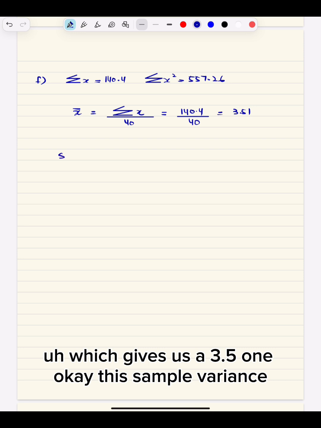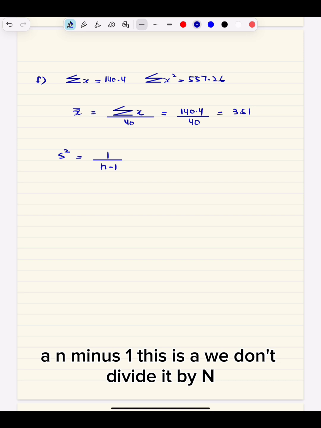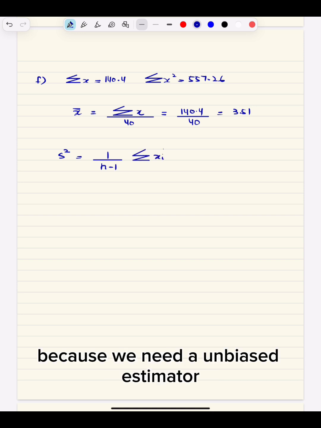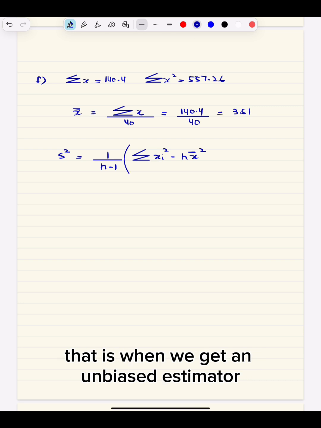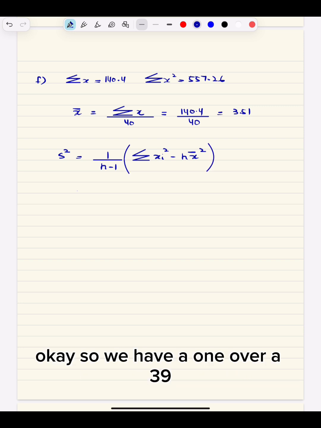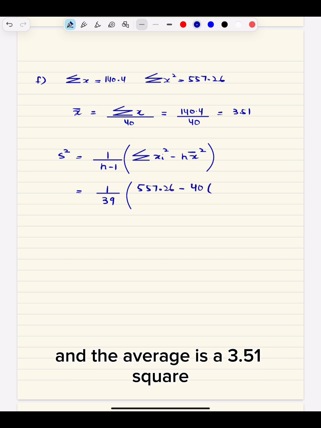The sample variance is 1 over n minus 1. We don't divide by n because we need an unbiased estimator. So when we divide by n minus 1, that is when we get an unbiased estimator. So we have 1 over 39, and the sum of squares was 557.26 minus n, which is 40, times the average 3.51 squared.